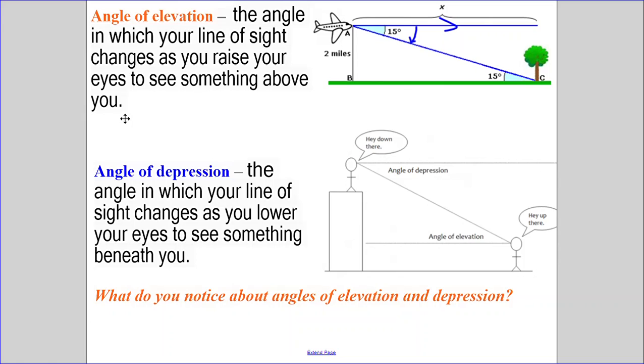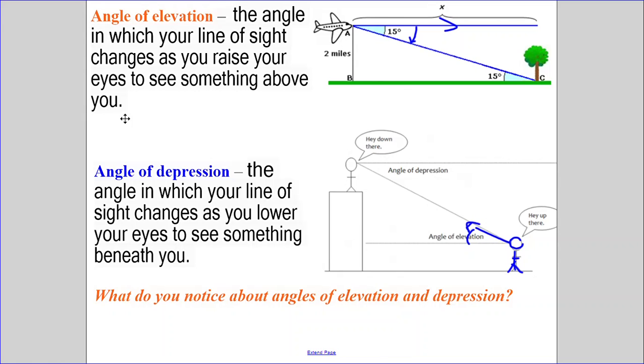Whereas a person on the bottom has to look up to see somebody there. So an angle of elevation is when somebody below is looking up to something. An angle of depression is when somebody at the top is looking down to something else.